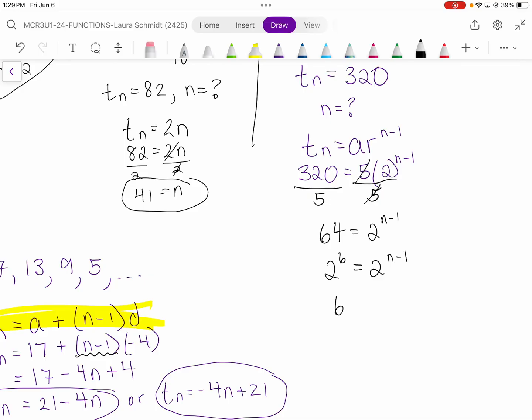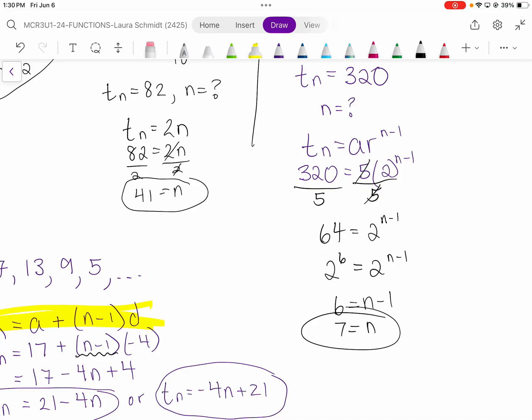So now I know that 6 must be equal to n minus 1. I know the left side's equal to the right side, so they have to have the same exponents. So we could ignore the base. So now I know n has to be 7. So that's cool.